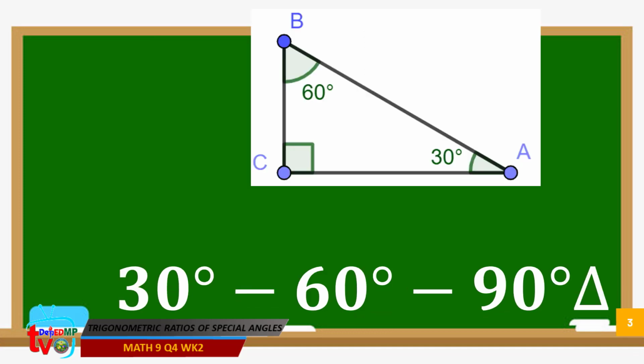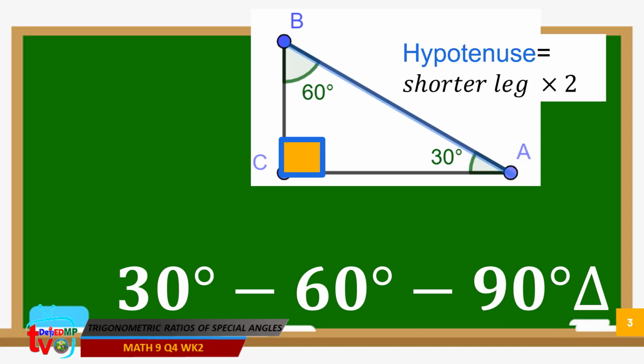Next, let us review the properties of a 30-60-90 triangle. Consider triangle ABC. Which angle is the right angle? You got it! Angle C is the right angle. Now, can you identify the hypotenuse?